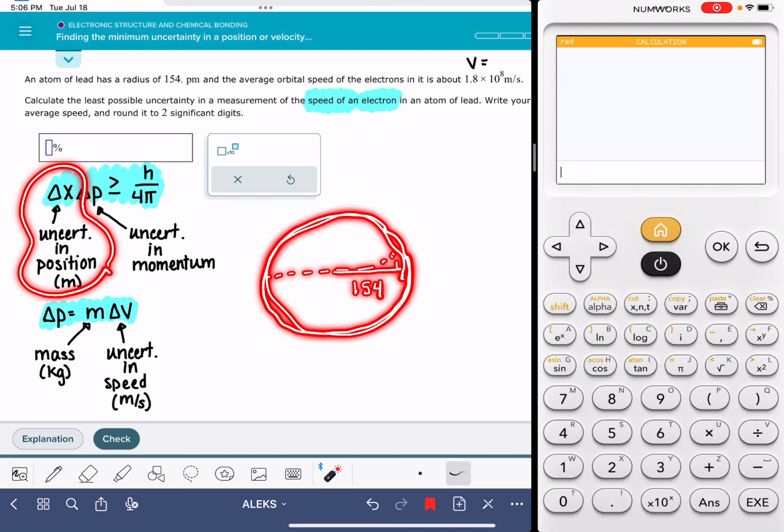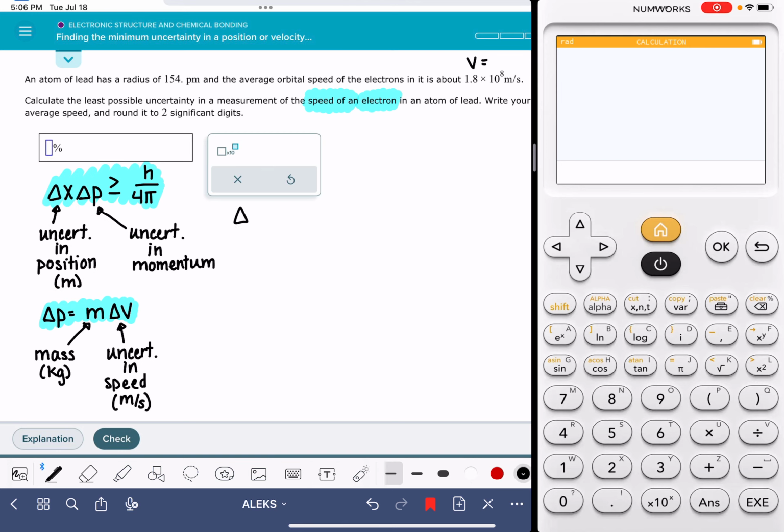Now, the uncertainty of the position of the electron is across this whole entire spherical atom, which has a diameter of 2 times the radius. So the uncertainty in the position of the electron in this atom is 2 times the radius of the atom.